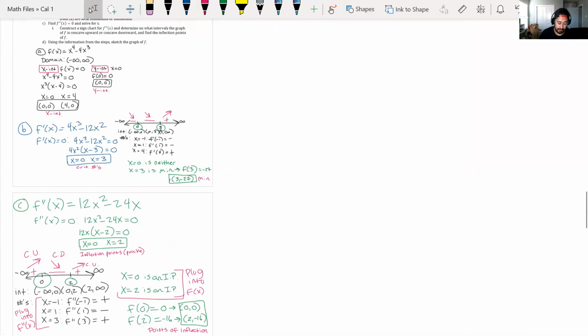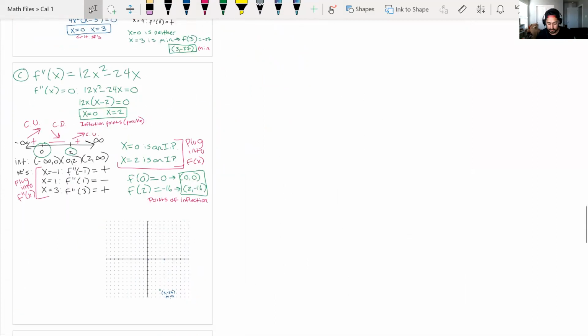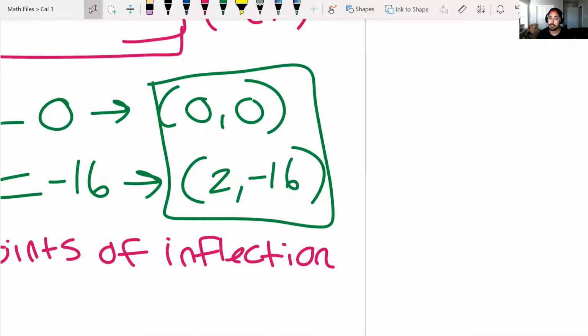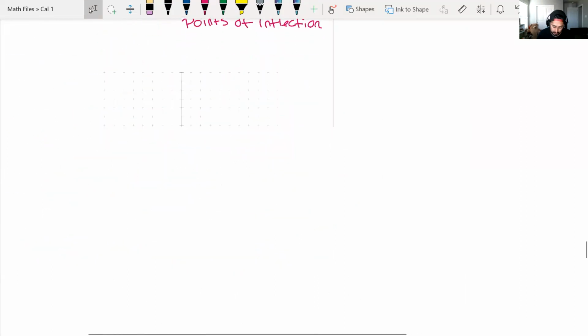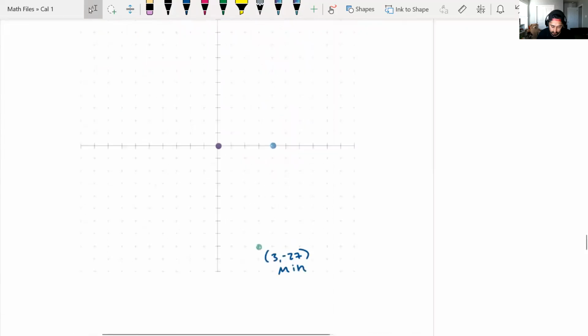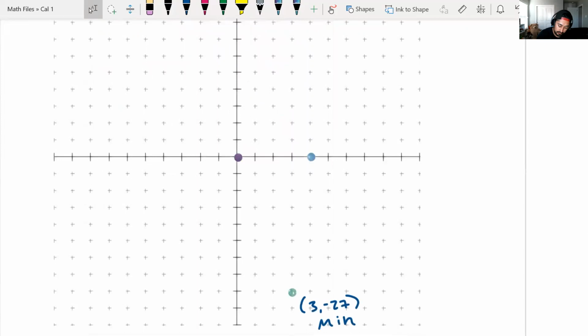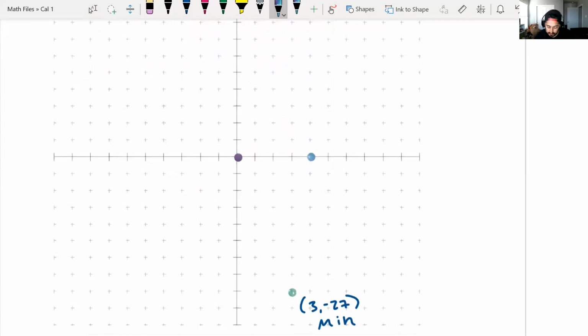Now, step C. Plot the only 2 points we found. Points of inflection. 0, 0, 2, negative 16. Well, look at that. 0, 0 is already plotted. Now we need to plot 2, negative 16.